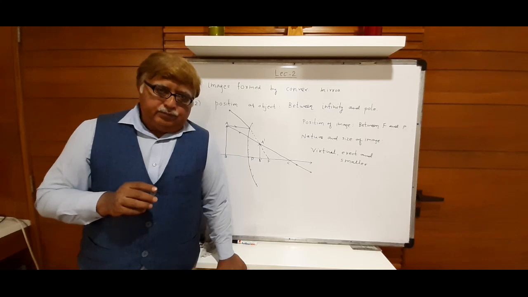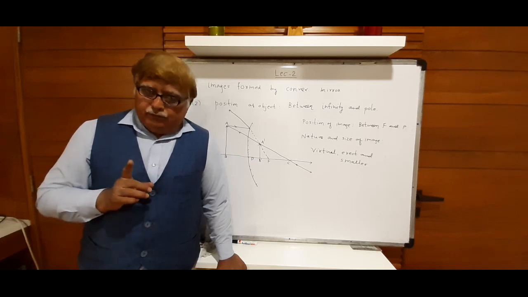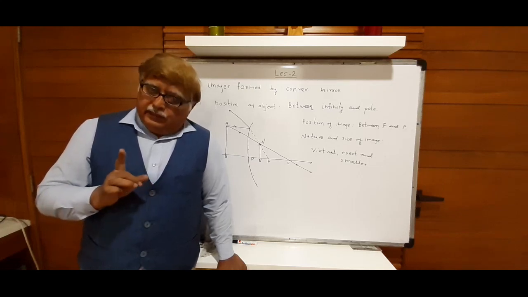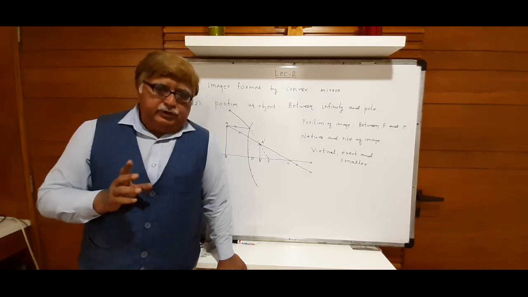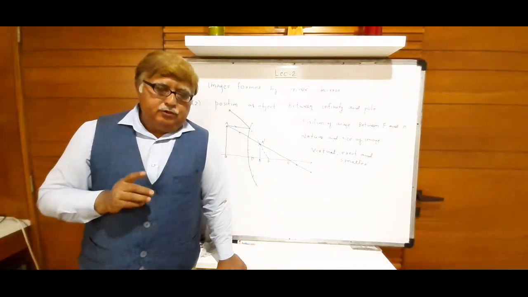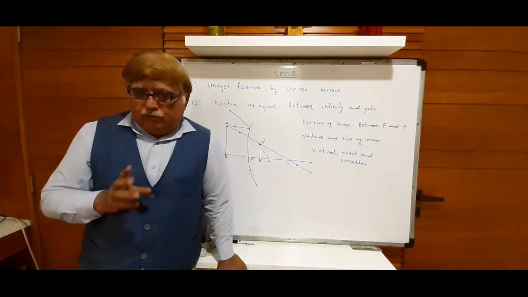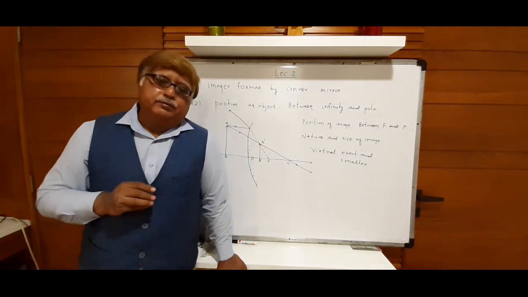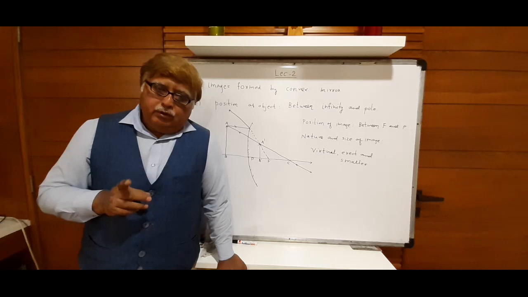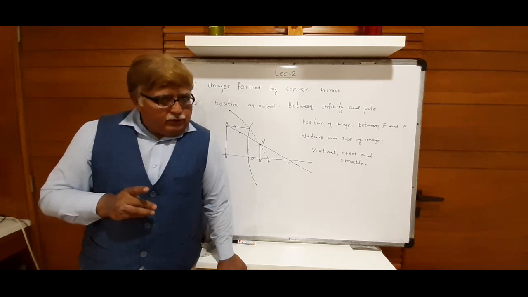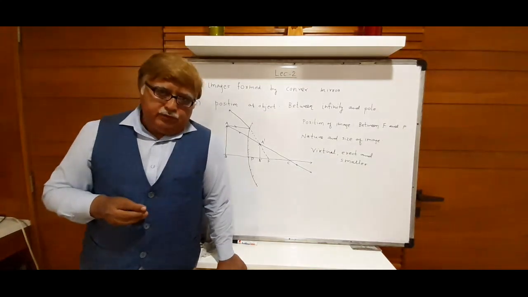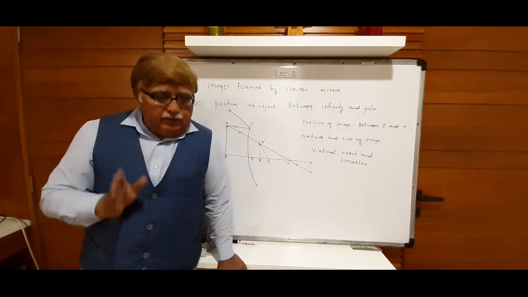Okay? First one. Second, write uses of concave mirror. Note down. Write uses of concave mirror. Third, draw all diagrams of convex mirror, only 2 diagrams. When you draw a diagram, you have to write every detail, no?